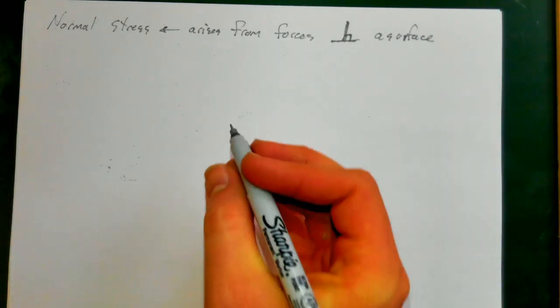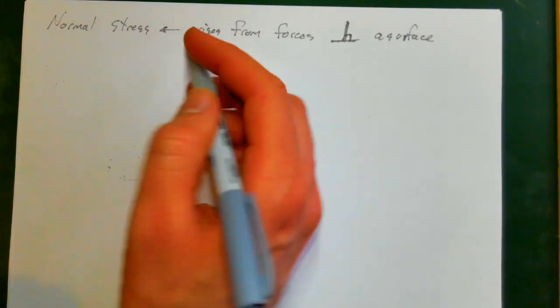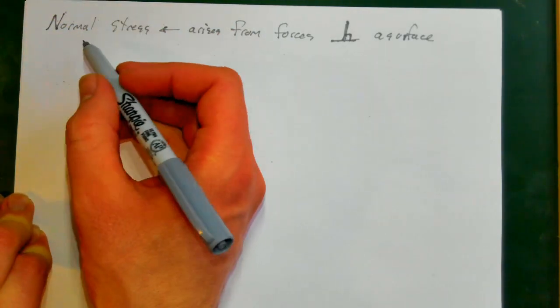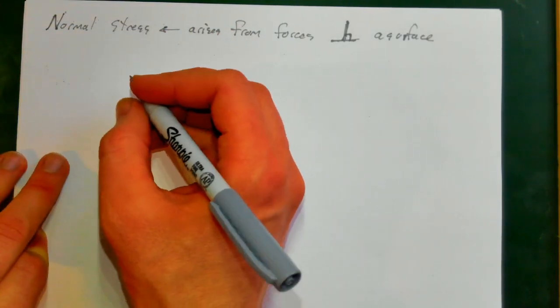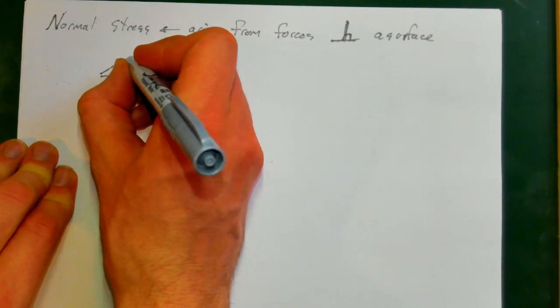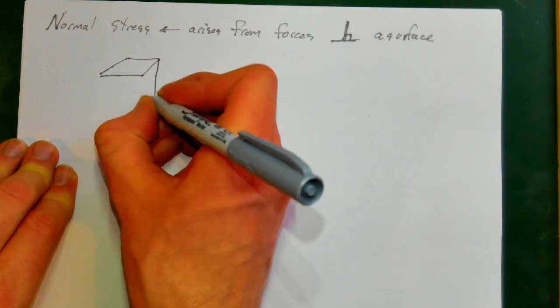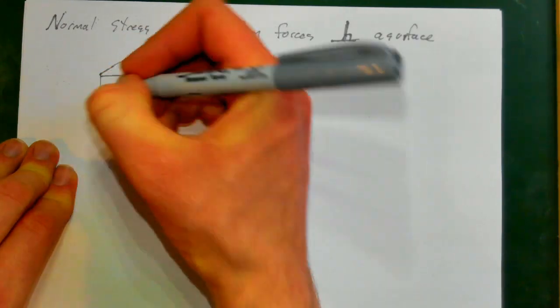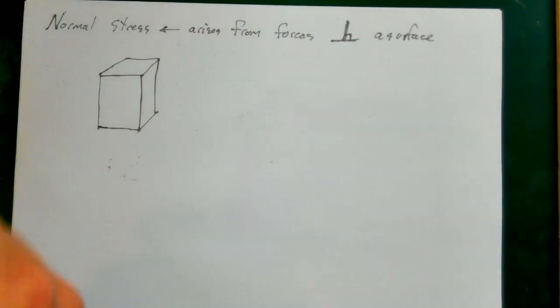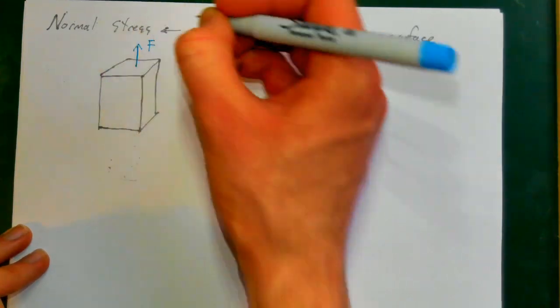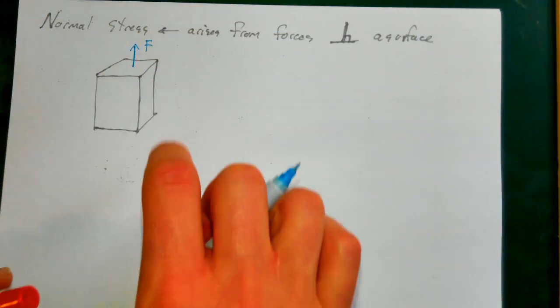So to think about what happens to objects when we apply forces to them, just imagine a little thought experiment here. Imagine I have some cube, like this. So here's my cube, and now let's say I applied some force F to this cube.